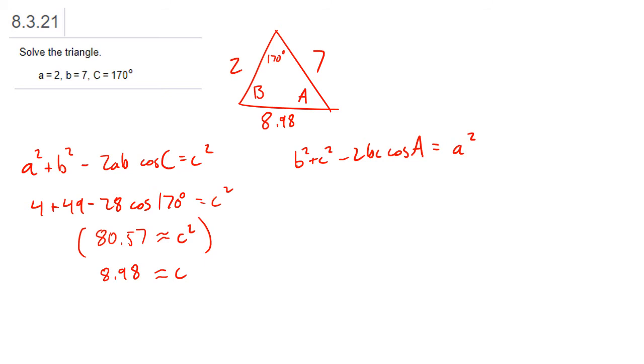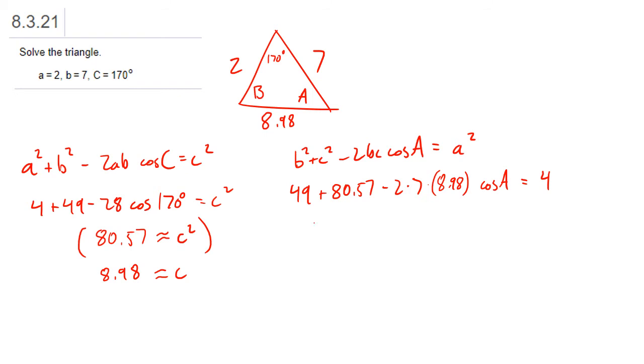Lowercase b was 7, so I've got a 49. Lowercase c squared was approximately 80.57. We kept that over here on the left. Minus 2 times b times c times the cosine of the unknown angle A, and little a squared is exactly 4. Okay.